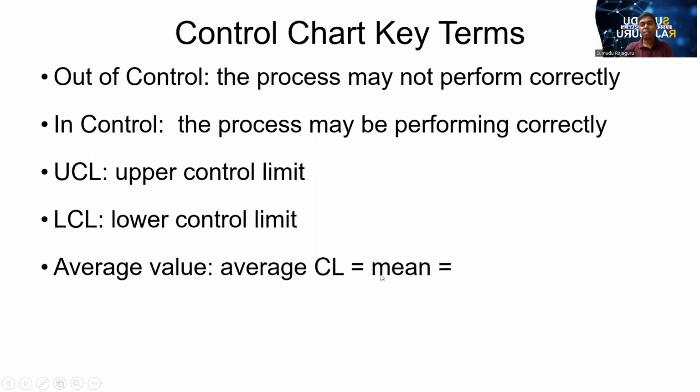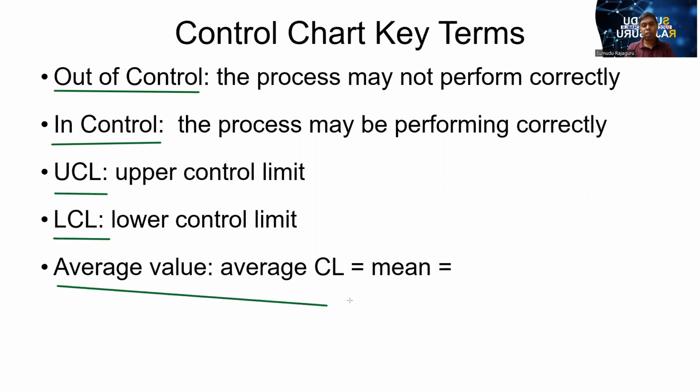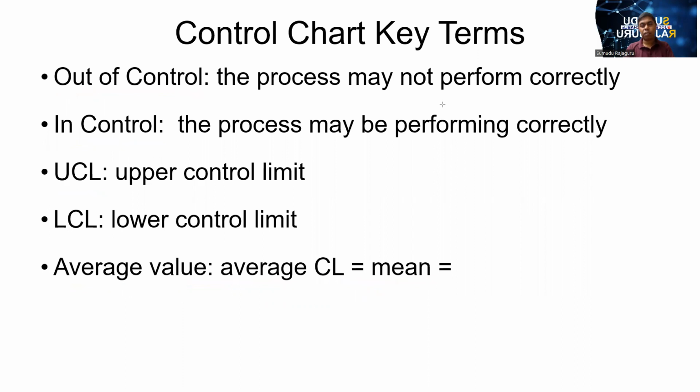Then CL, also called the mean, that is the average. So keep these terms in mind: out of control, in control, upper control limit, lower control limit, and average value. If not center line, we can say the mean also. Right.